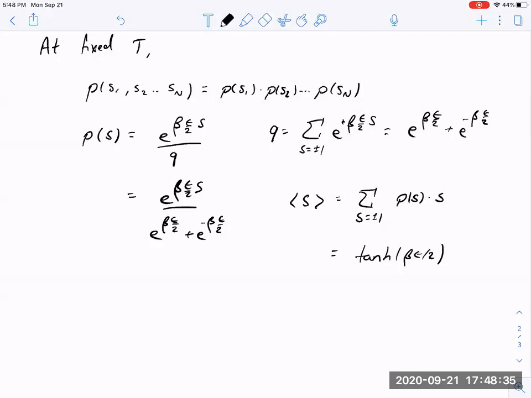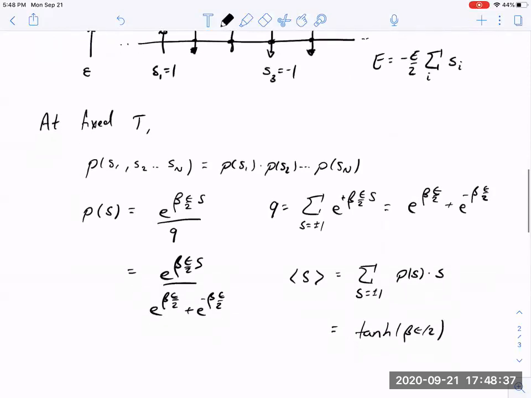So again, the fact that the energy is a sum of individual spin variables weighted by factors that are constant endows the rest of the calculation with this same structure, the factorizability of the probability of a microstate and the product form of the partition function, allowing us to compute the average value of a spin. Let's go ahead and highlight that, this hyperbolic tangent function.